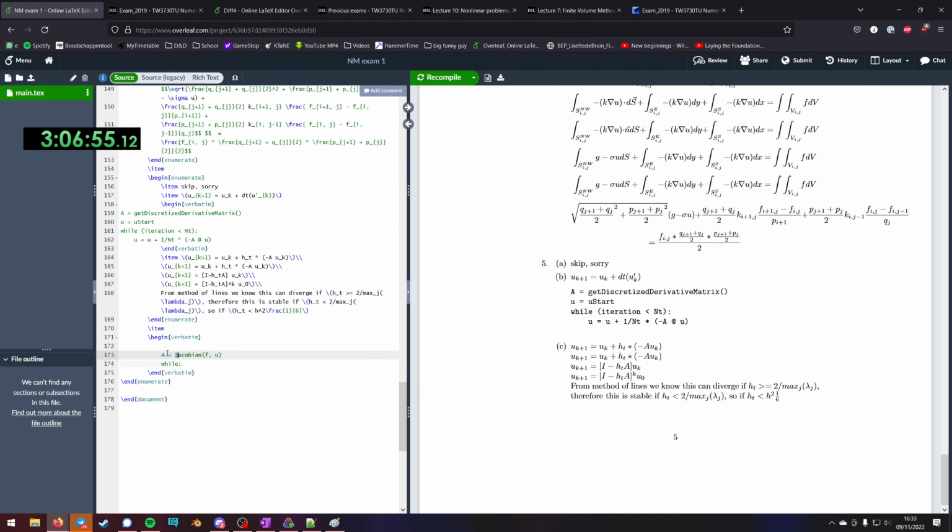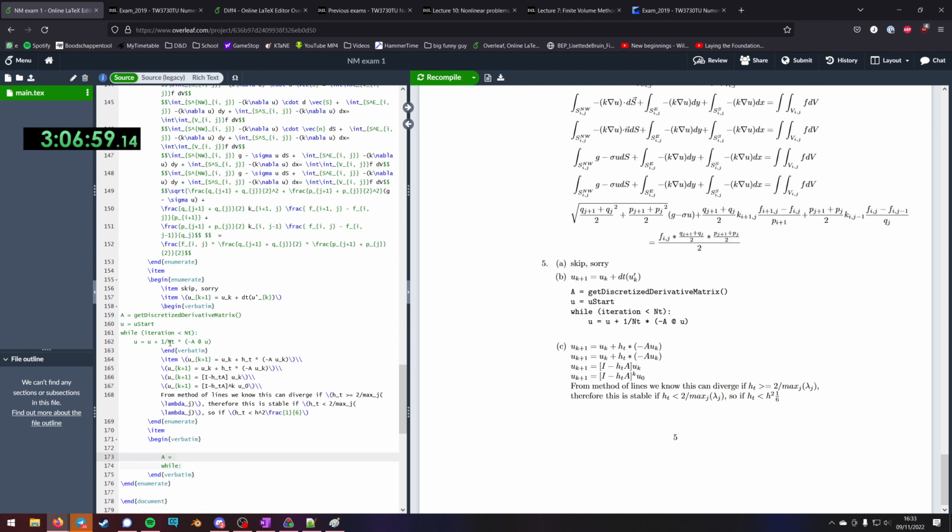A is, I mean, we know what A is already, but I'm just going to say the discretized derivative matrix. So while error greater than error bound, do this. Oh, and U is U start, of course.